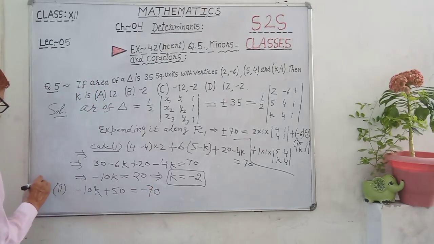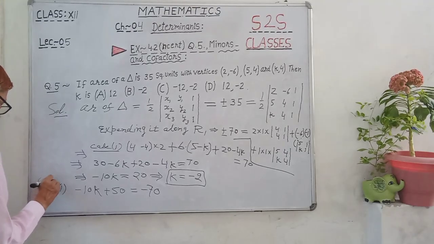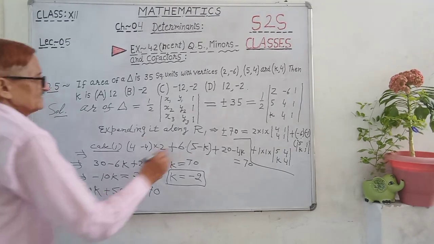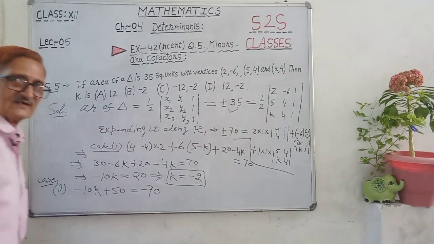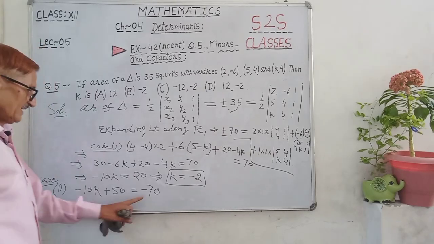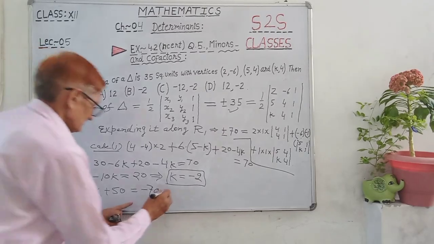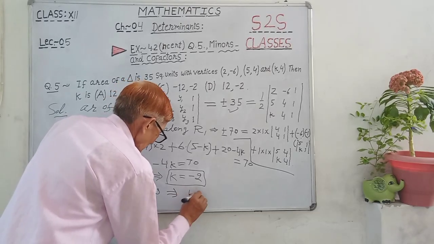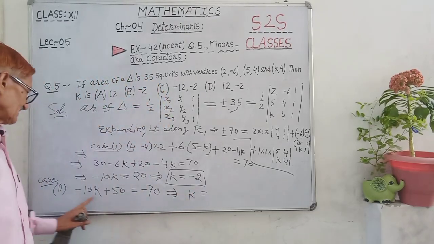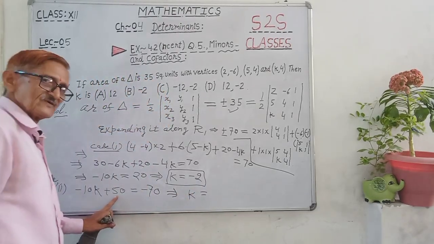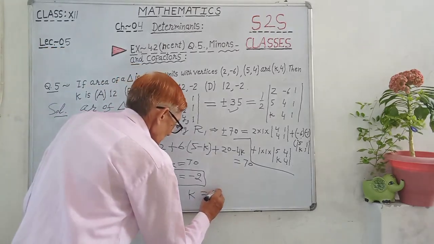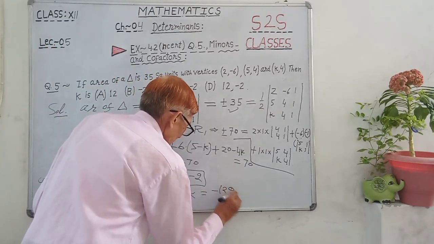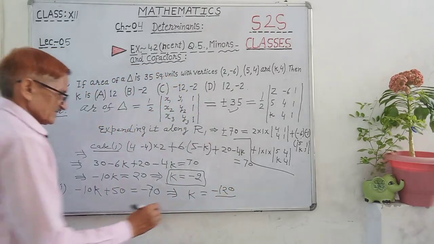Case second. Case second means the area is negative. Then simplify. This implies k is equal to minus 70 minus 50, minus 120, and divide by minus 10.